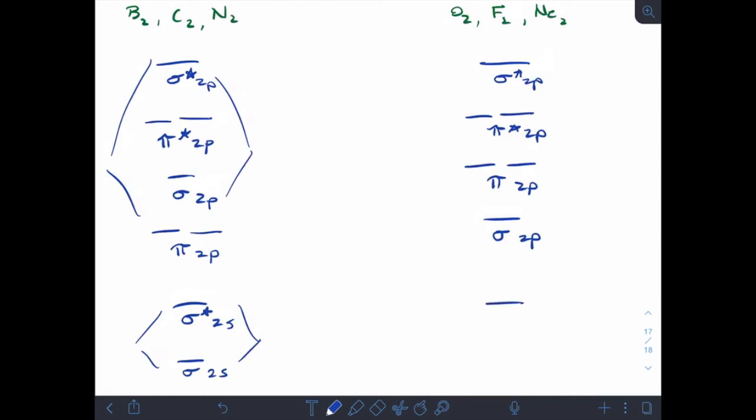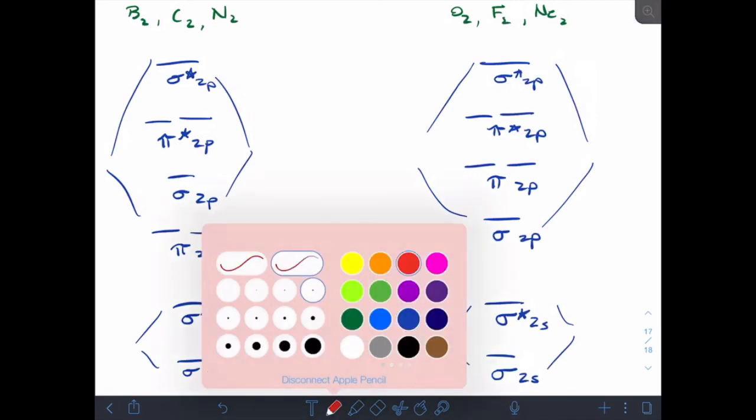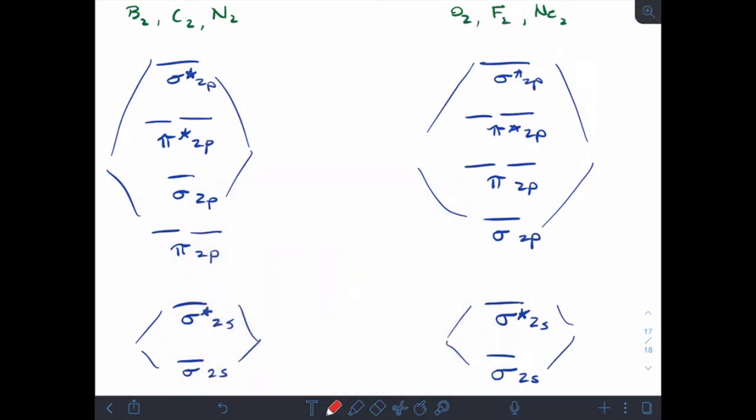Okay, and then the S is the same. Right, so where things get a little bit different, depending on what molecule you're making, is these places are flipped.